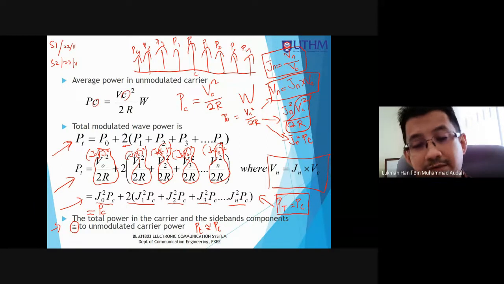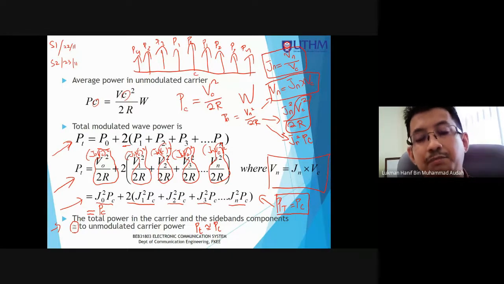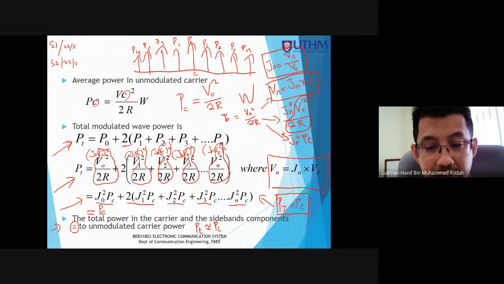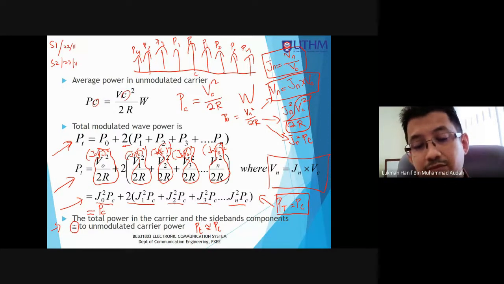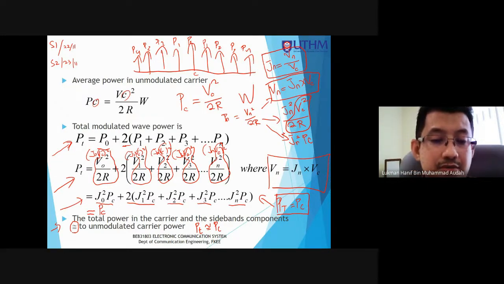Okay, dalam exam, kalau diminta untuk mengira total power, find the total power for the FM, for example, you can make it equal to PC. No problem. So if the question asks like that in general, find the total power, then you can use these equations.